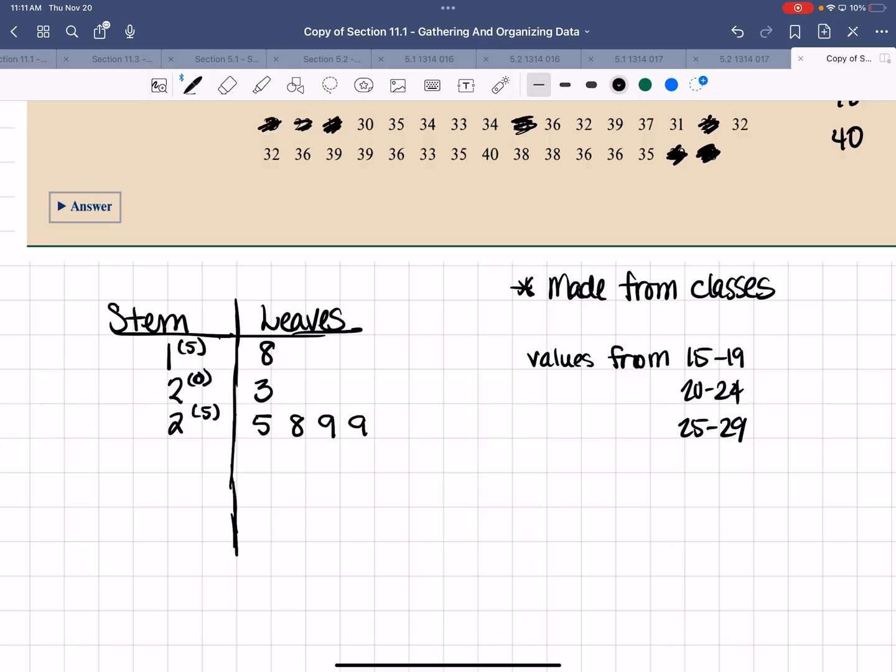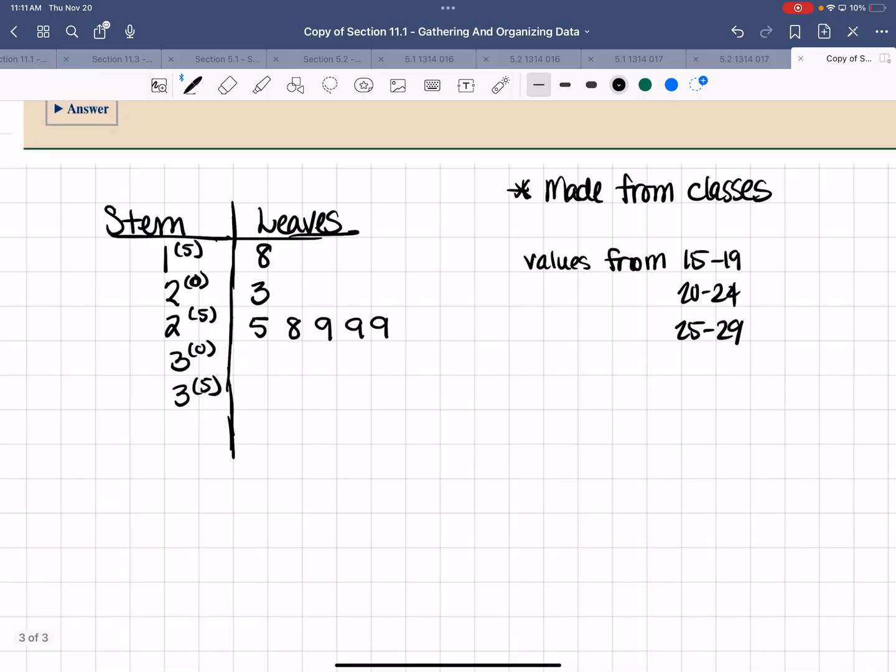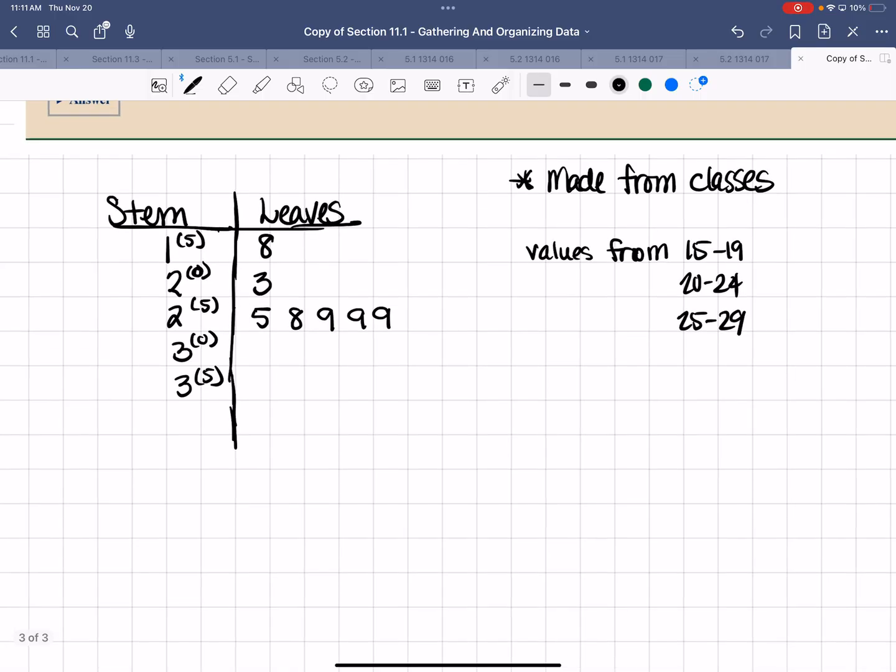1, 2, 3. Okay? So then I've got to have a 30 to 34. So that's a 3 with a little 0 at the top. And then a 3 with a 5, 35 to 39. Okay? There are quite a few values in the 30s, guys. This is why they split it into classes. Because you'll see when we do 30 to 34 and then 35 to 39, it would have been a long list of leaves out there.